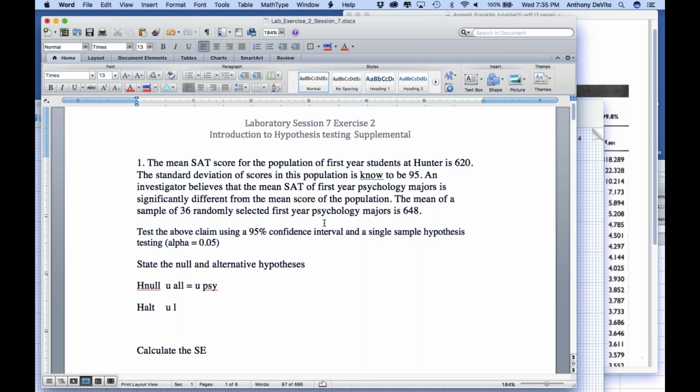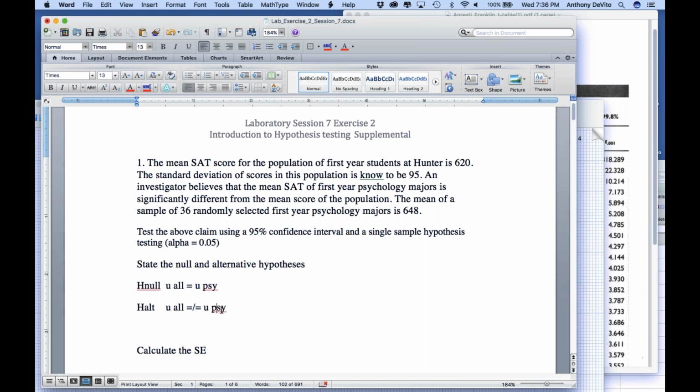So mu for all does not equal mu for psychology students. Notice that this is not directional. It's either they're equal or they're not equal. We're not predicting ahead of time whether the psychology students have a higher or lower mean SAT score.